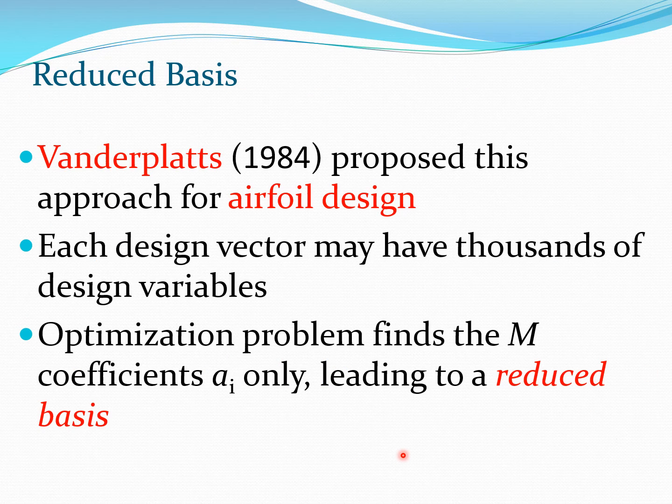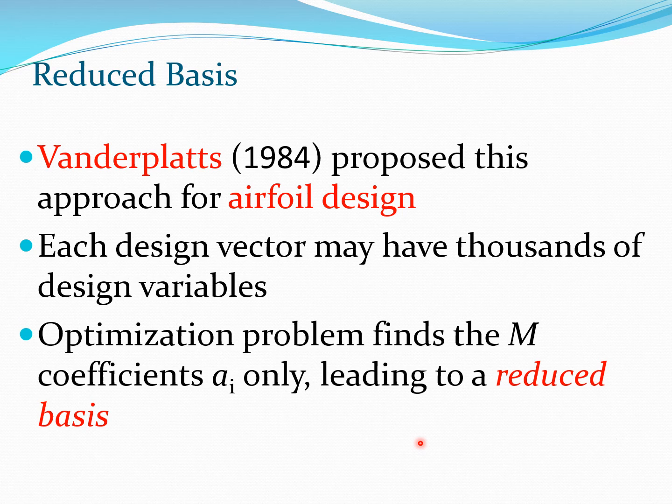This particular method was proposed by van der Plaats in the context of airfoil design. As I mentioned, each design vector may have thousands of design variables, which are the coordinates of the section. You could use a general optimization method with a fluid mechanics code, something like XFOIL, to develop the airfoil section.